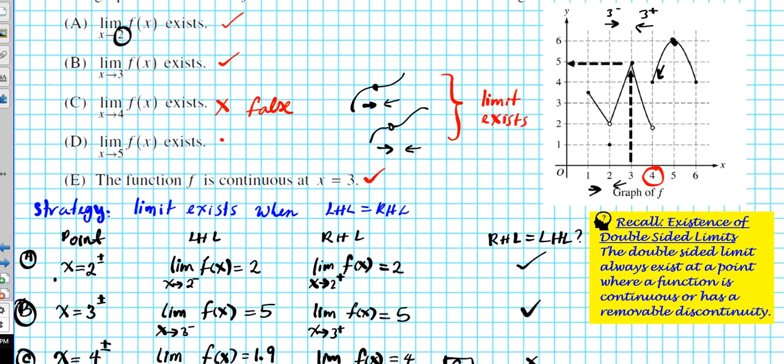So one thing you just want to keep in mind is, even though a function has a cusp or a corner or a vertical tangent, the limit still exists. Okay? The only time when the limit fails is when you have a jump discontinuity, like right here, an infinite discontinuity like an asymptote, or an oscillating discontinuity.